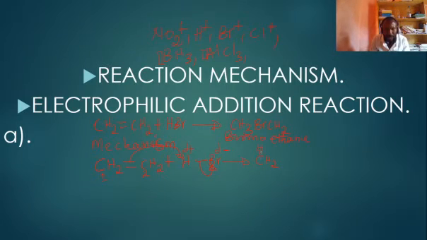A new bond is established between carbon 1 and the proton. Remember that carbon 2 is now deficient of the electron, because all the pi bond here has been carried to establish a bond here. So this carbon becomes positively charged. This is a carbocation.